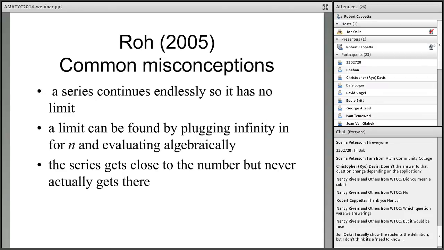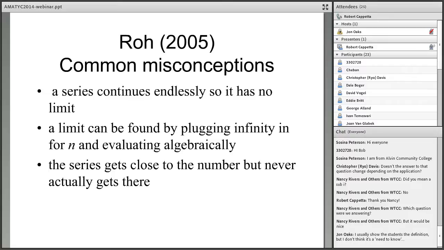We want to look at some of the misconceptions students have about limits and have about series and convergence of series. And you'll notice that this potential versus actual infinity notion comes up again in Rose's idea. So she's saying that the series continues endlessly, so it has no limit. Another thing we've seen, and frankly, this is one of my biggest pet peeves, is students plugging infinity into n and then evaluating algebraically.